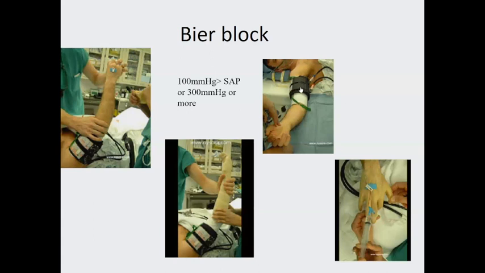So this is the most important fact in this beer block, to keep the cuff inflated for 20 minutes after injection of anesthetic. Even if the operation ends 5 minutes after injection, a very short operation, you cannot deflate the cuff, it must still be inflated.